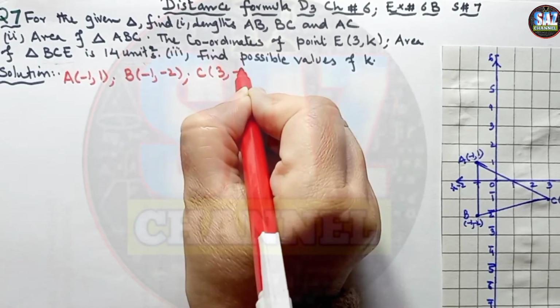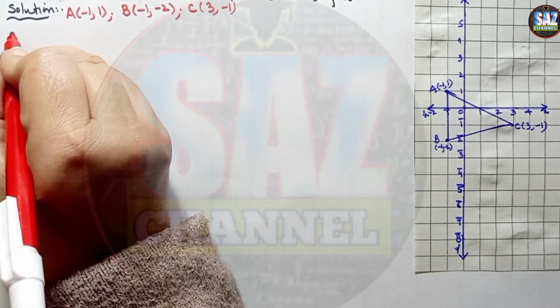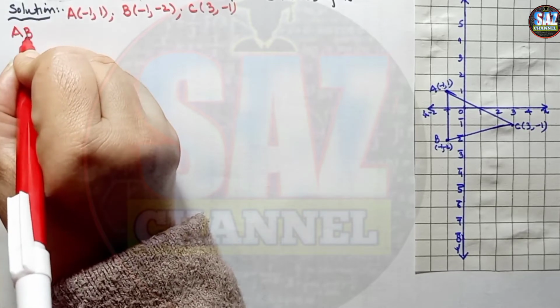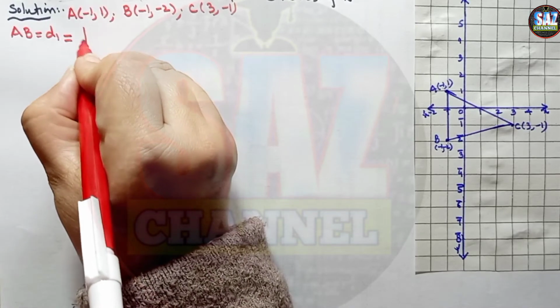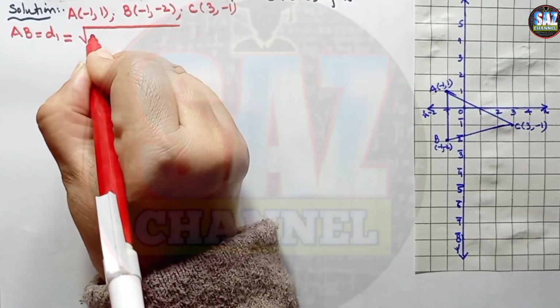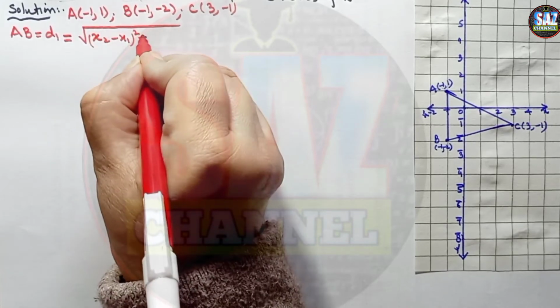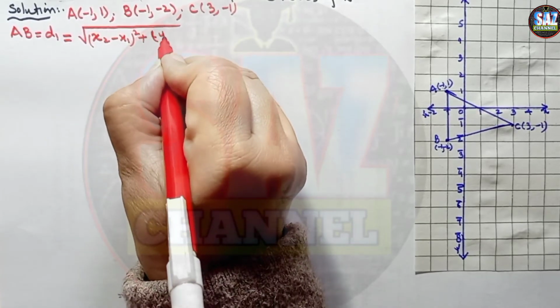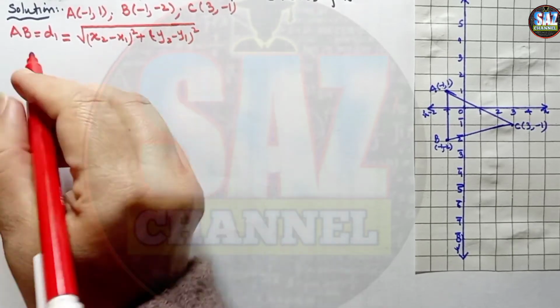And now we have to apply the distance formula. Okay, AB equals, let it be D1, and I have to support my working with the formula, that is the square root of (x2 minus x1) whole square plus (y2 minus y1) whole square.